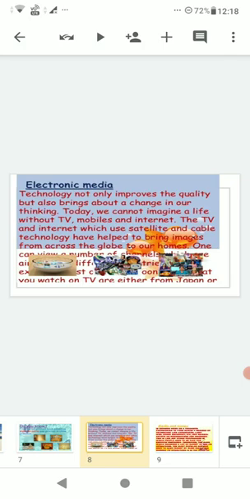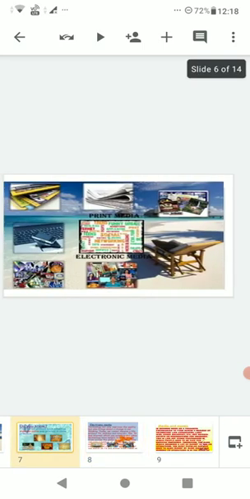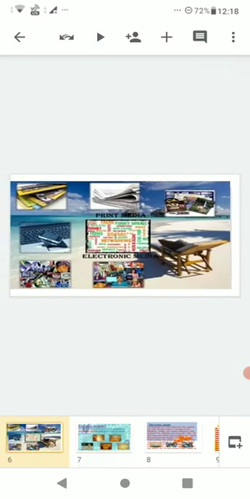The TV and internet, which use satellite and cable technology, have helped to bring images from across the globe to our homes. So students, look at this picture. This is print media and electronic media.